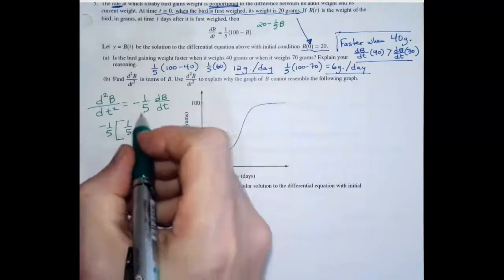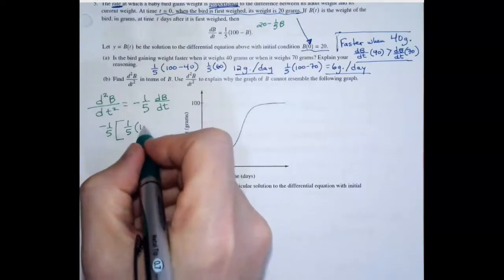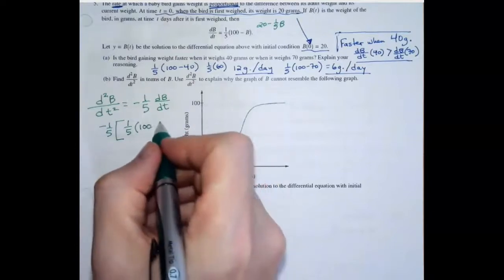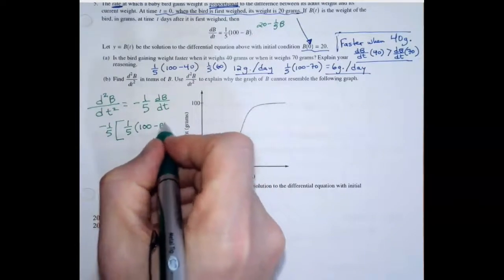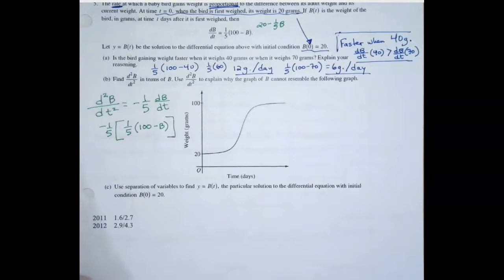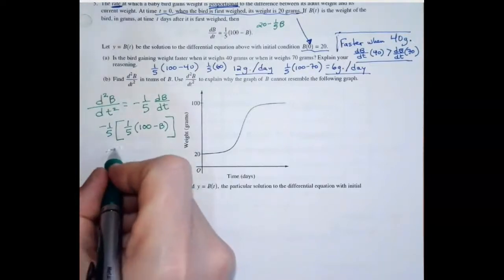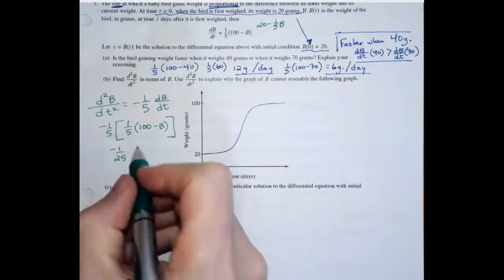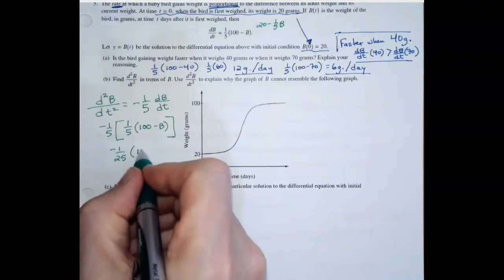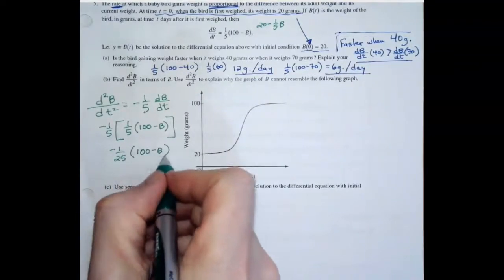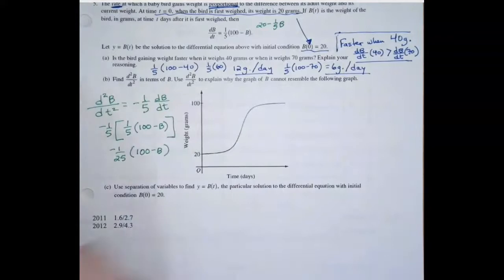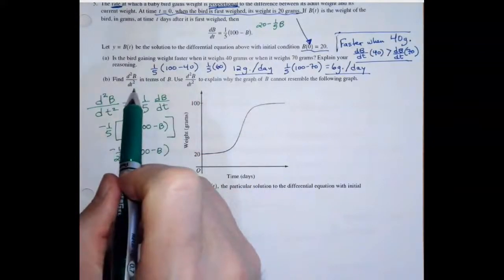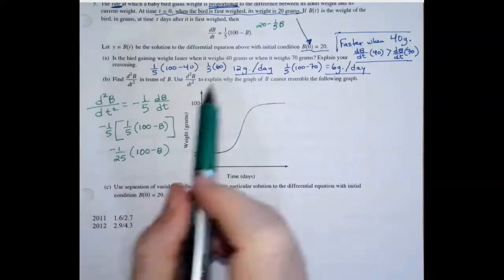We had some questions like that where we had to plug it back in when we were trying to find the second derivative. So 100 minus b. So that is the second derivative in terms of b.